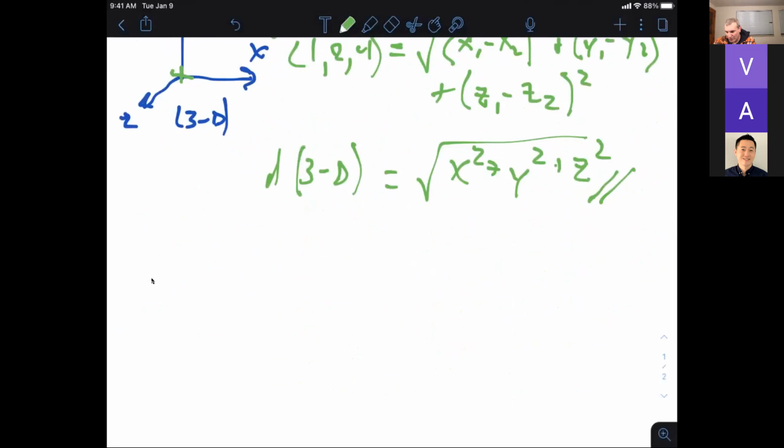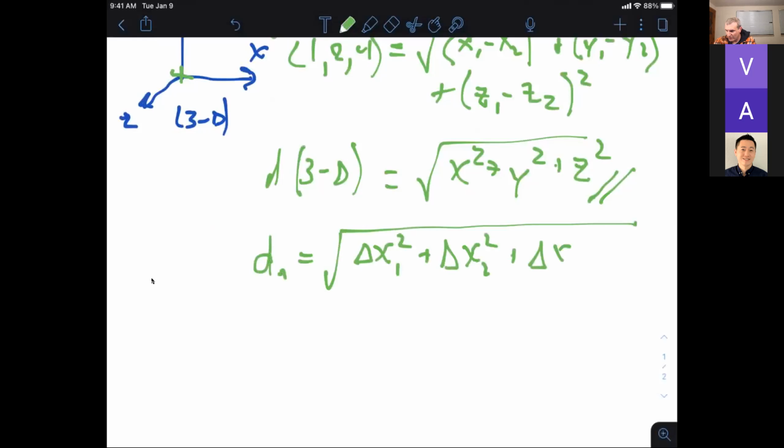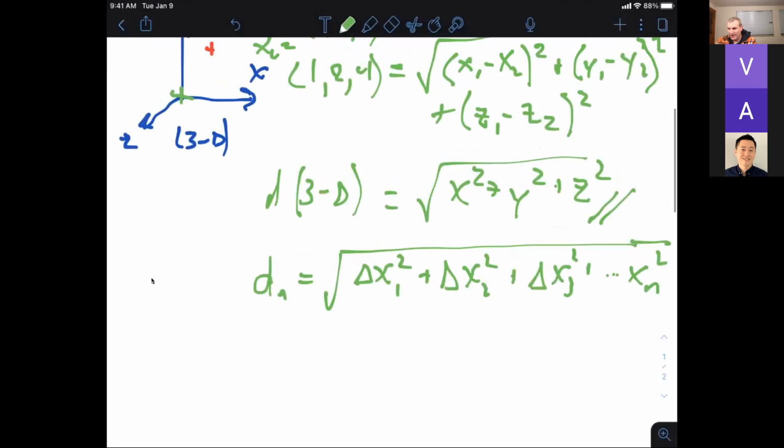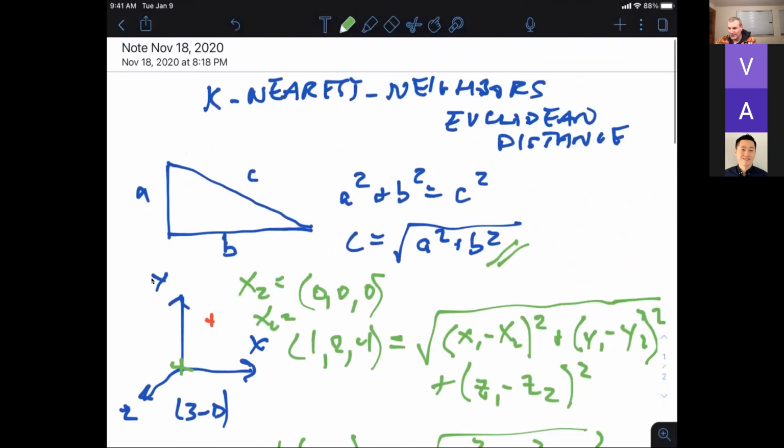And you have a general formula that the distance in n-dimensional space is equal to the square root of the change in your first variable squared plus the change in your second variable squared plus the change in your third variable squared, all the way to your nth variable squared. This is the general formula for distance, and it's called the Euclidean distance.